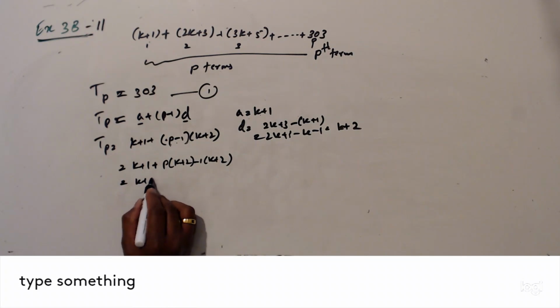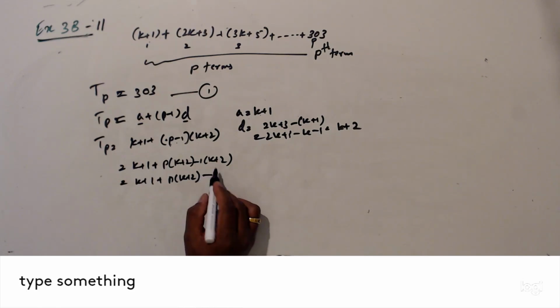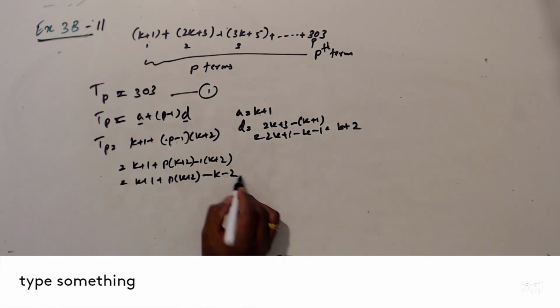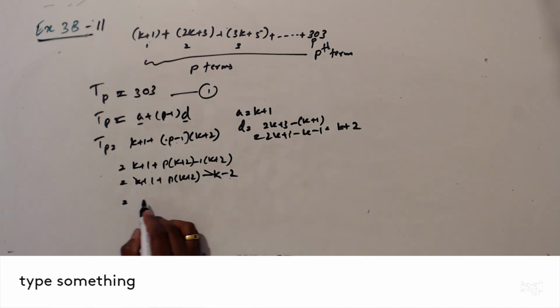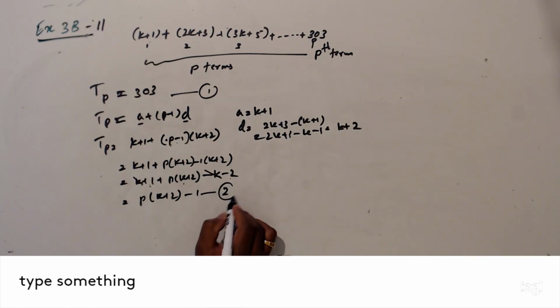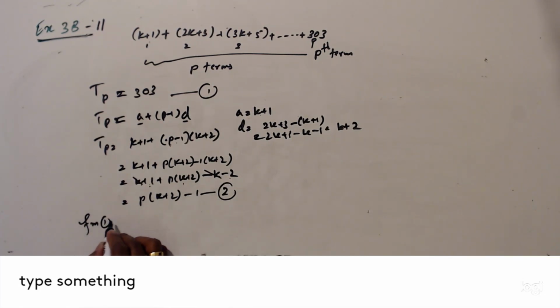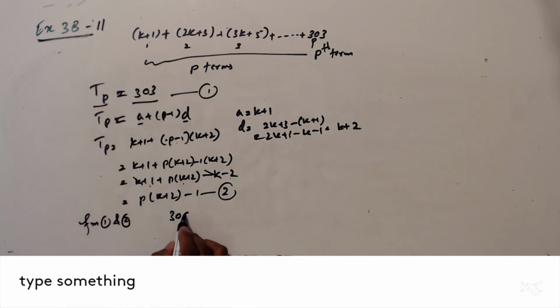Expanding with minus k, minus 2, the k plus 1 cancels out and minus 1 minus 2 plus... so p times k plus 2 and then minus 1. Tp equals 303 and Tp also equals p times k plus 2 minus 1.